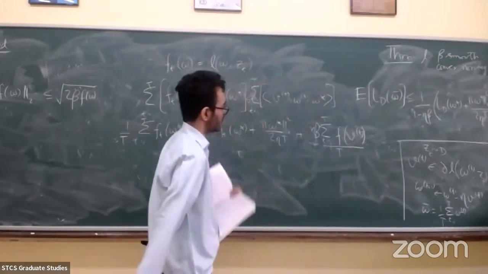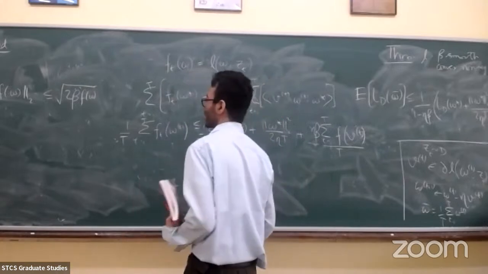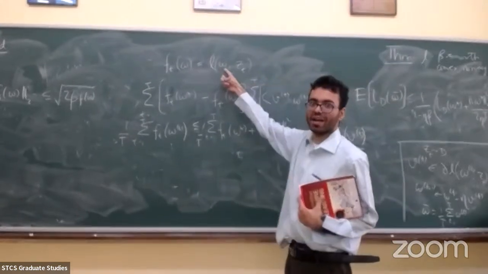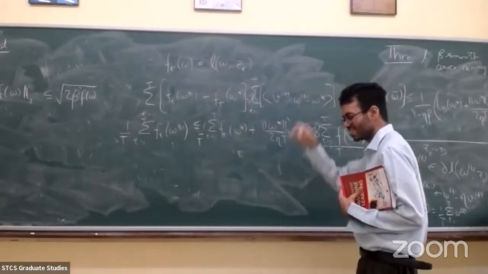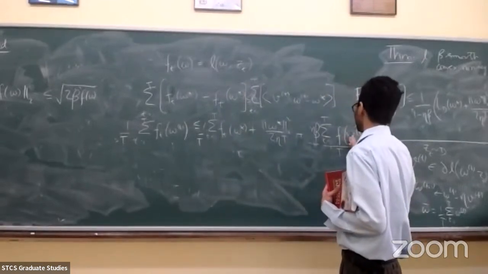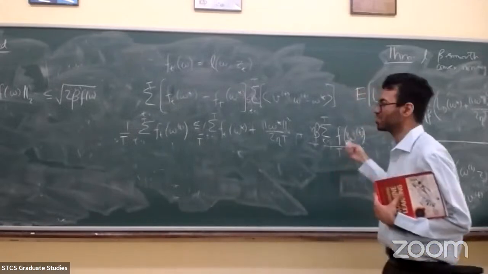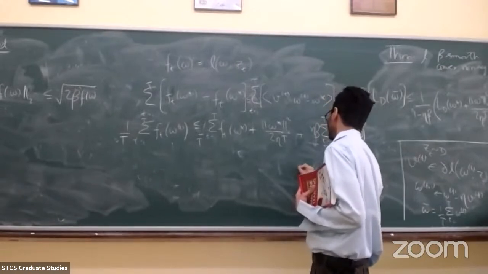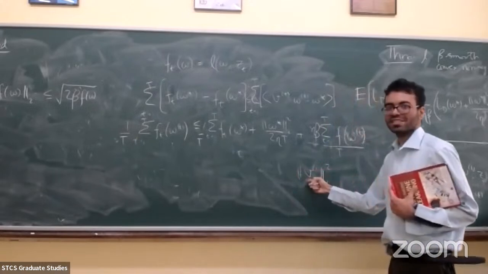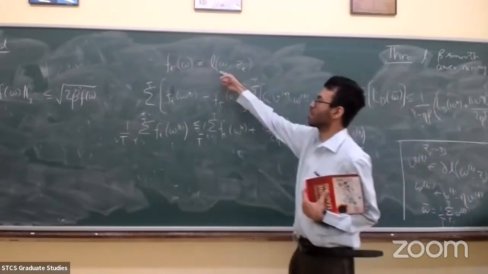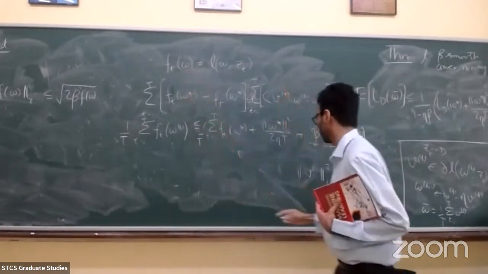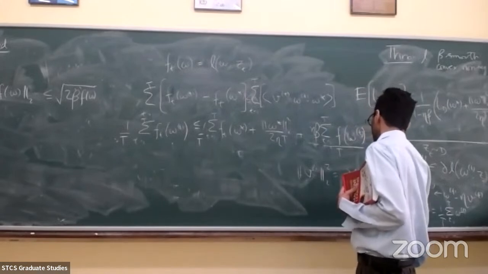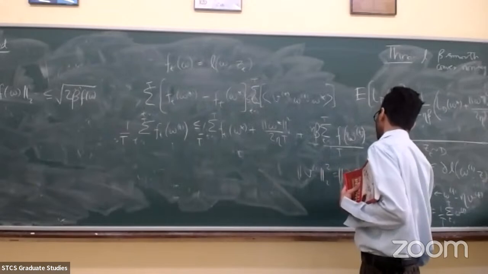Sorry, I had VT as a gradient, right? VT is a subgradient of the loss of FT at WT, not a function of VT. So I had VT squared, and VT is a subgradient of FT at WT.